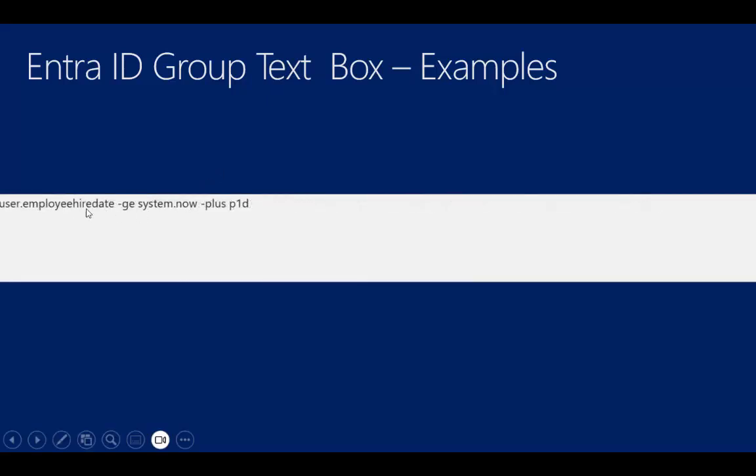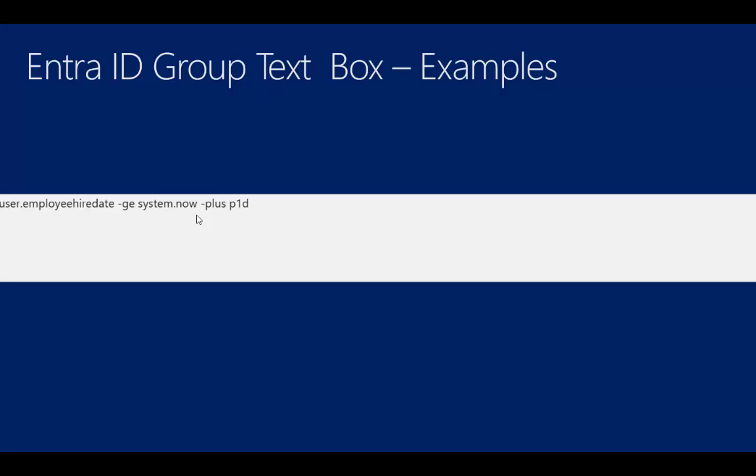Let's keep going. So employee hire date. I like this one because it shows you the greater than or equal operator. It also shows you system.now, which tells you that when you're crafting these expressions, you don't have to know the specific value necessarily that you want. You can have some variables in here.